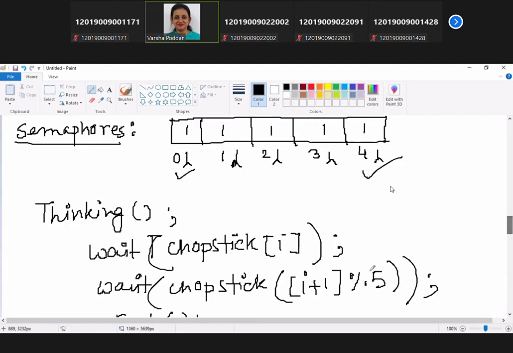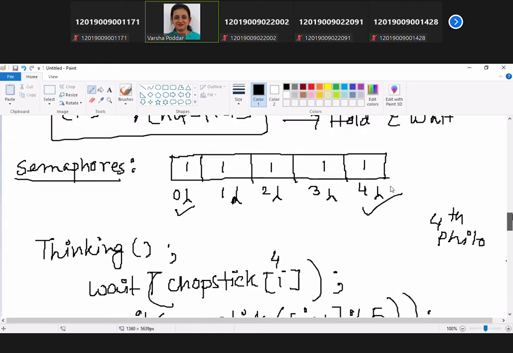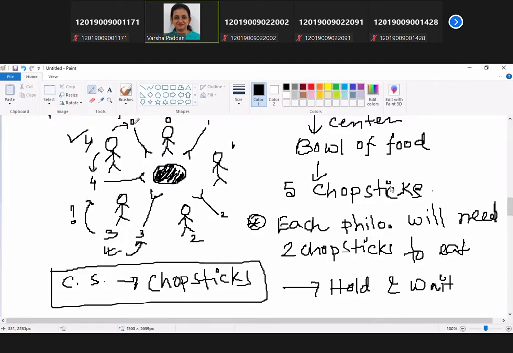Now see this modular 5. Suppose you are the 4th philosopher. So chopstick number 4 you have already acquired. What other chopstick do you need? You need the 0th chopstick.